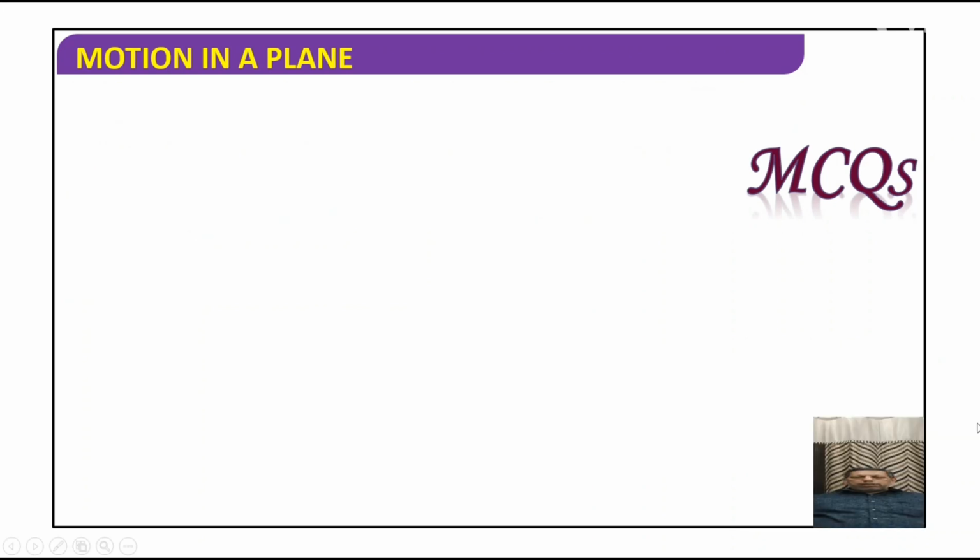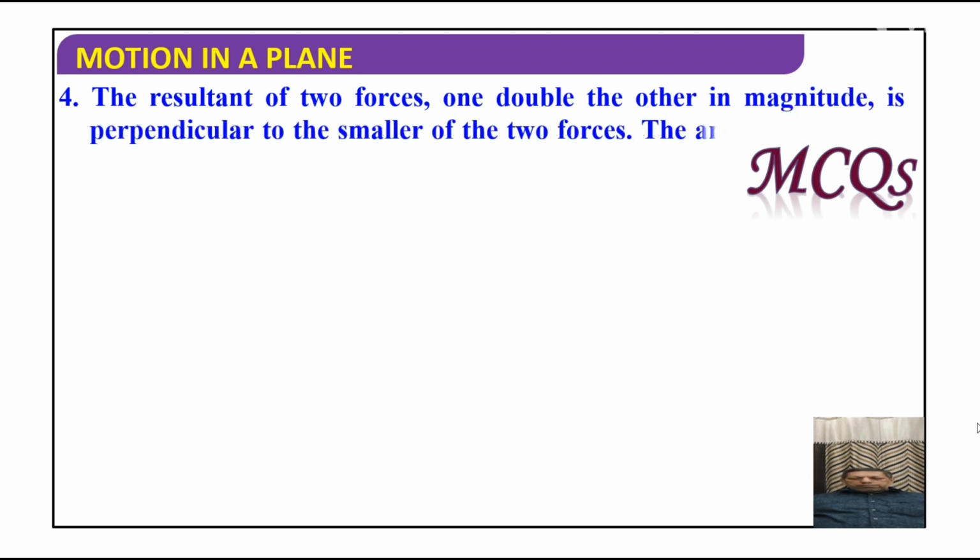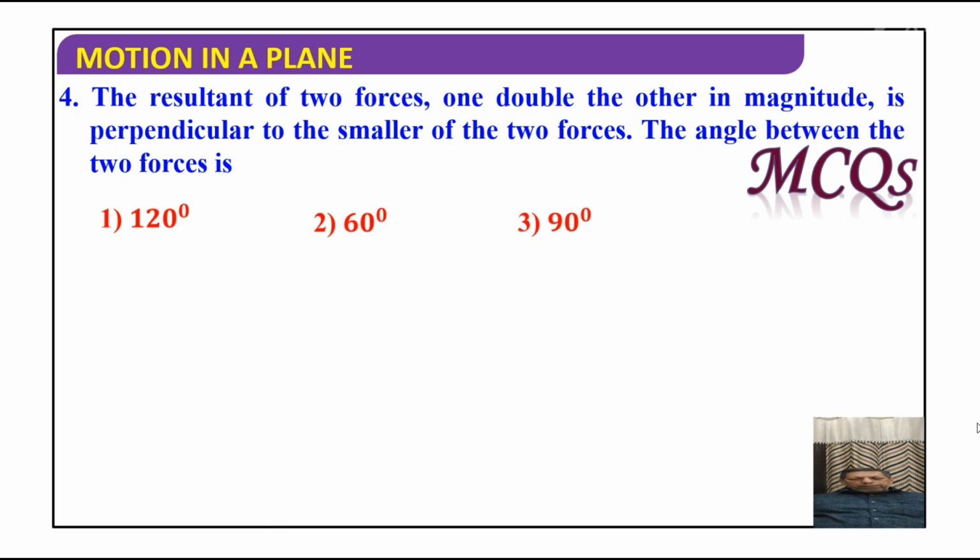If the resultant of two forces, one double the other in magnitude, is perpendicular to the smaller of the two forces, the angle between the two forces is 120 degree, 60 degree, 90 degree or 150 degree. Now the solution: first of all draw the diagram.